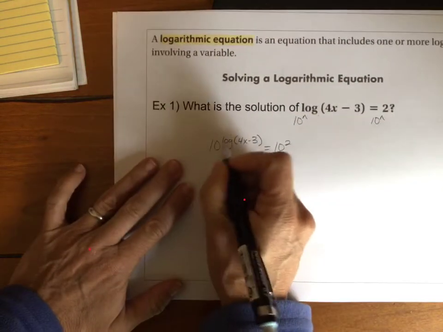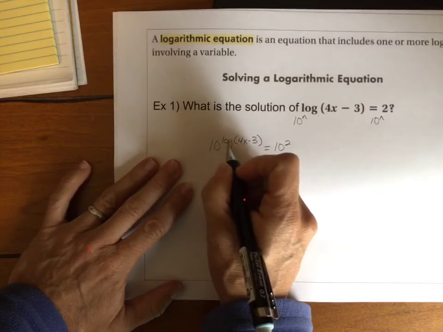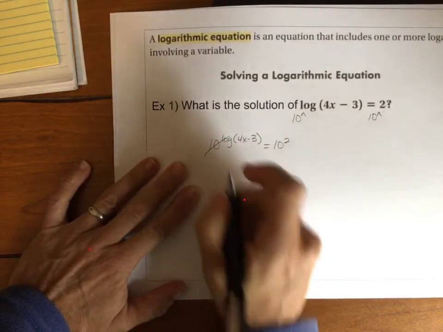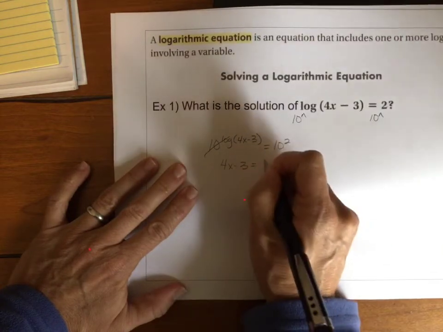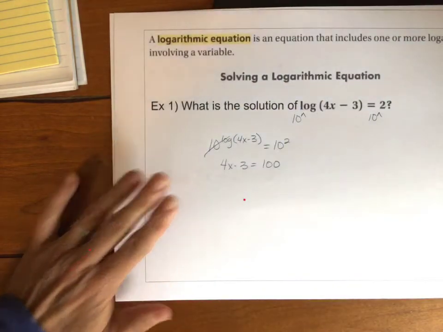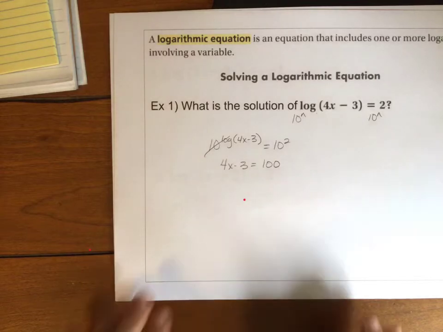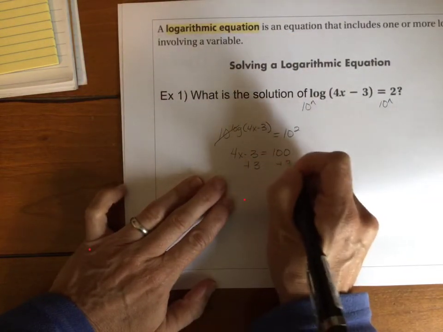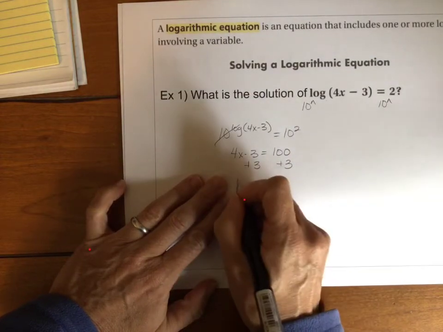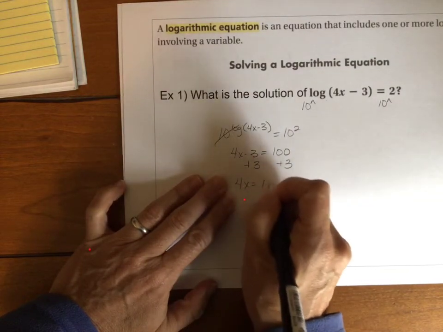Now these undo each other. This power 10 and log base 10, they undo each other, giving me just 4x minus 3 equals 100, because 10 squared is 100. Then I would want to add 3 to both sides, giving me 4x equals 103.